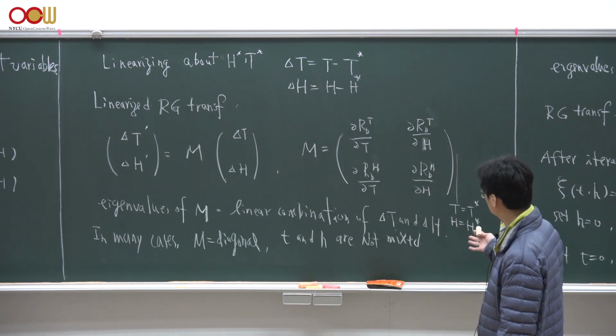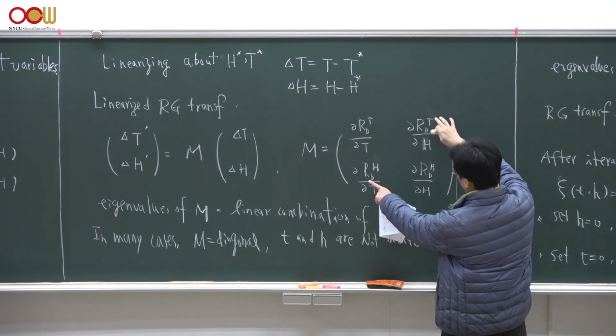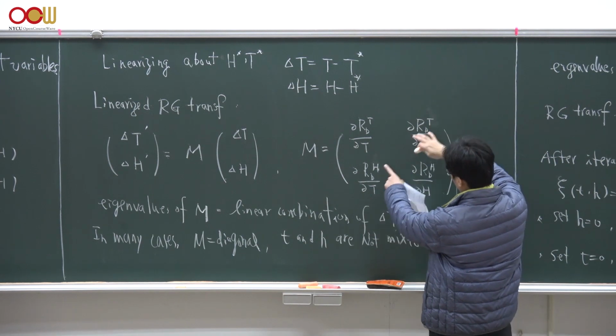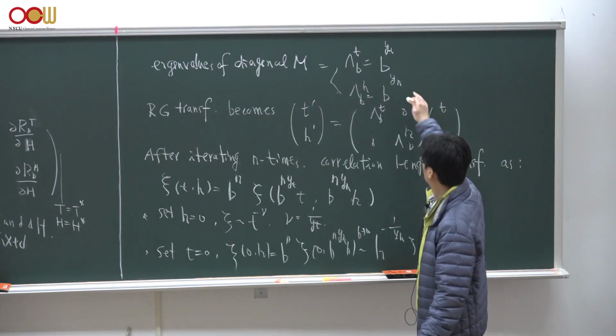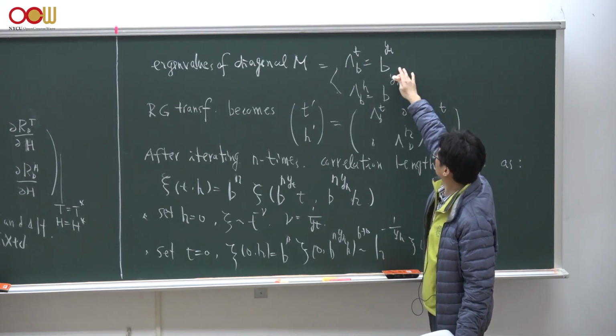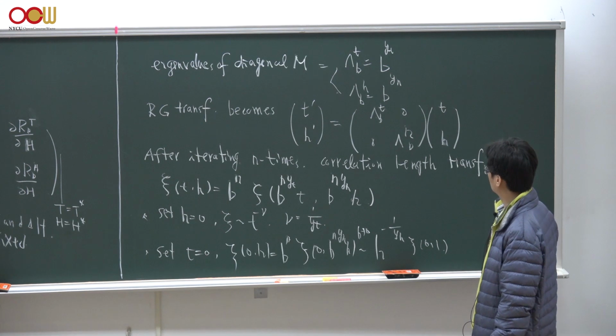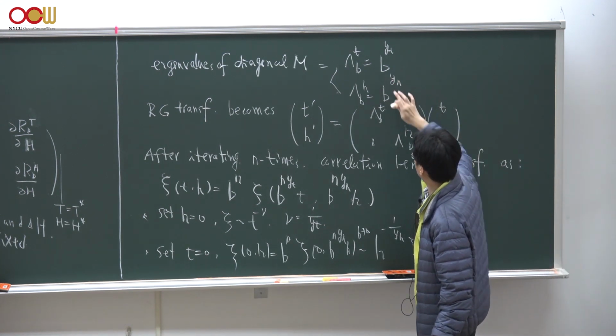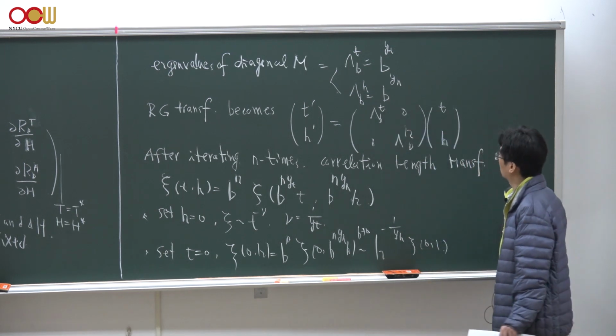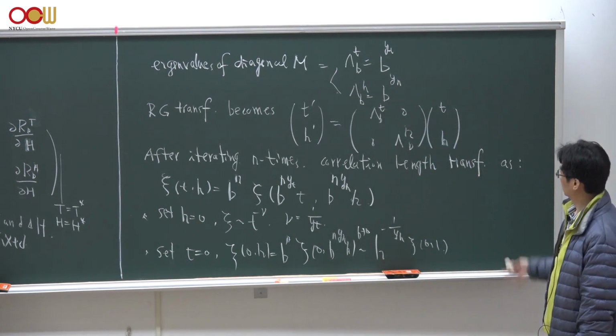When that happens, the off-diagonal matrix elements are 0, and the diagonal elements are your eigenvalues, which we denote by lambda_bt and lambda_bh, where lambda_bt is b to the power of y_t, and lambda_bh is b to the power of y_h. That's from the previous definition.